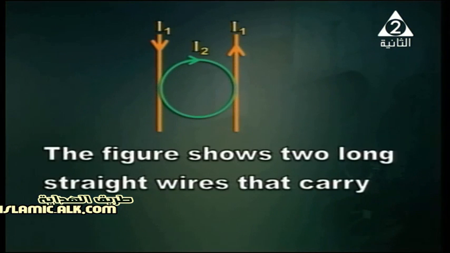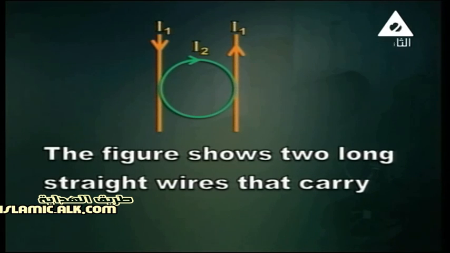And now we've got a problem. We've got two wires as shown in front of you, and a circular loop.